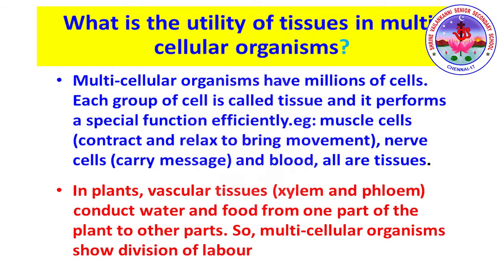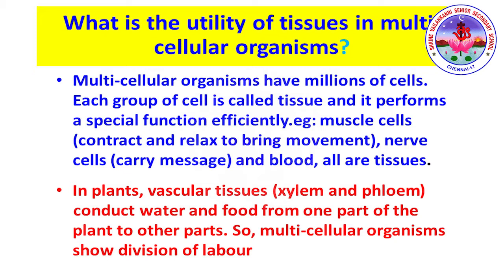Next we move on to the utility of tissue in a multicellular organism. So what is a multicellular organism? Multi means many. It has millions of cells inside one particular organism. Each group of cells is called tissue and it performs a special function efficiently.